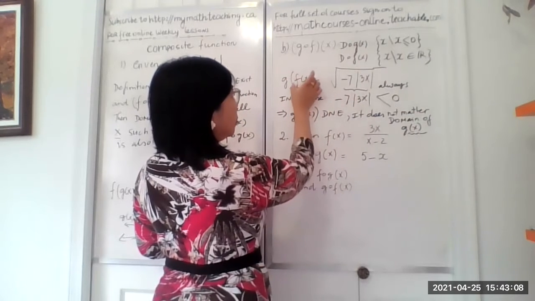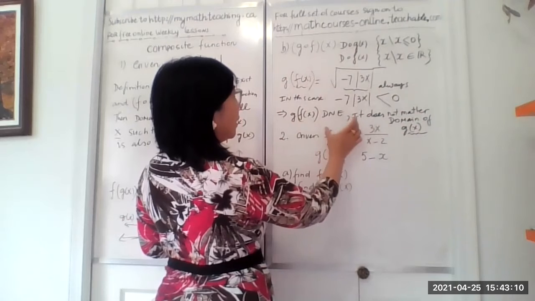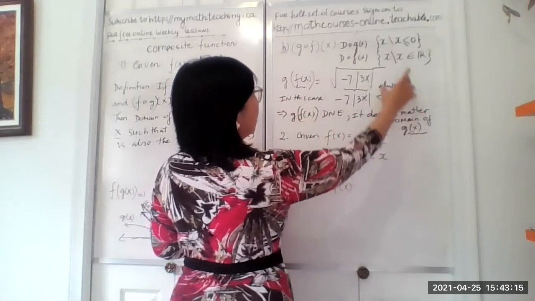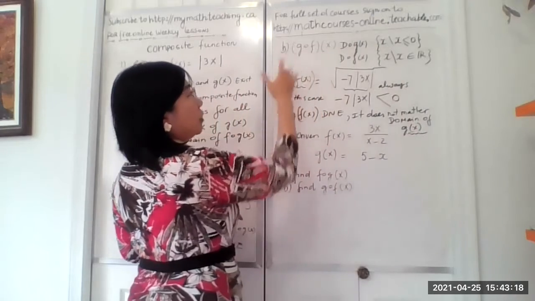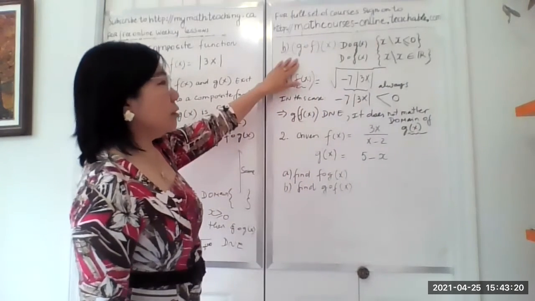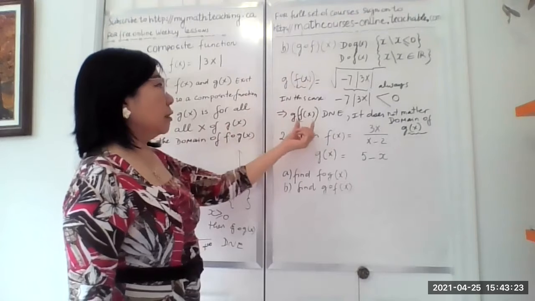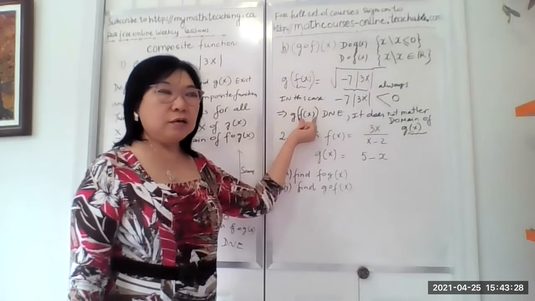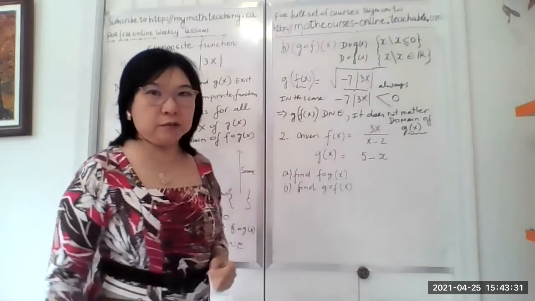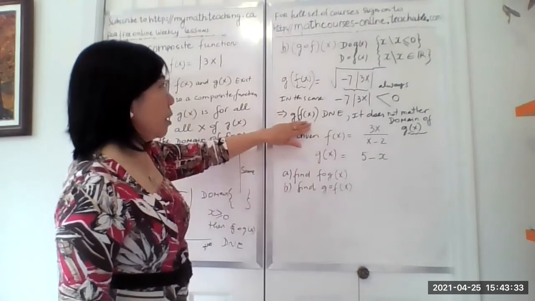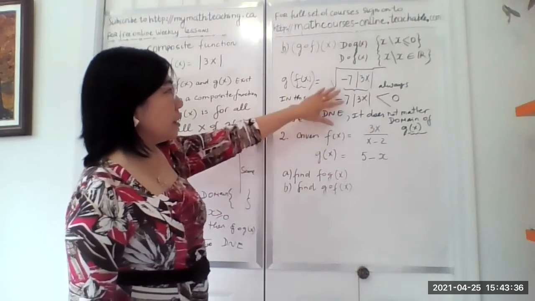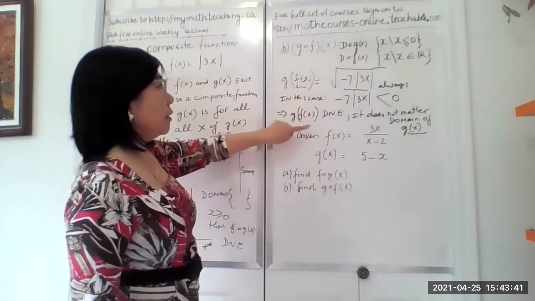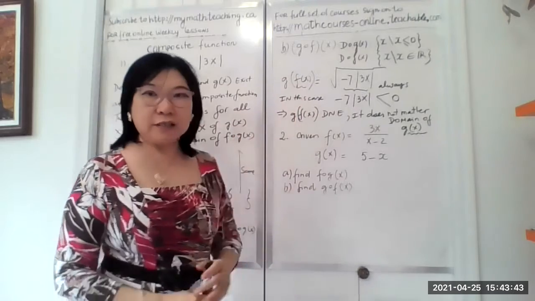In this case, the domain of f of x is not satisfied, the domain of the inner function is not satisfied, therefore the whole composite function is not satisfied.